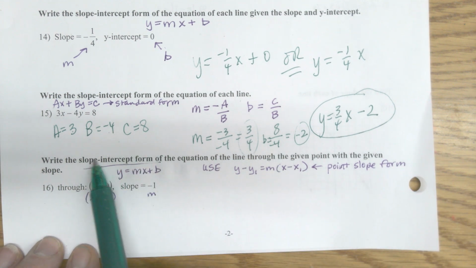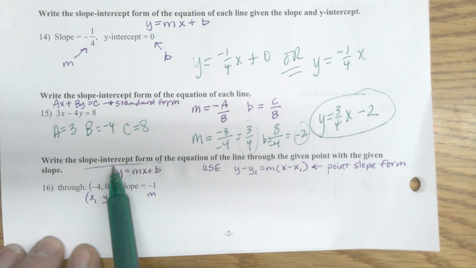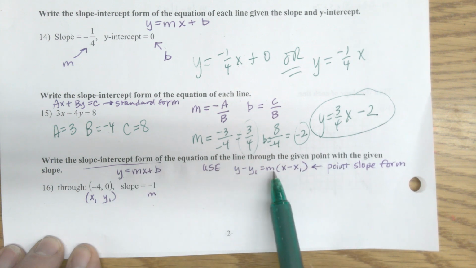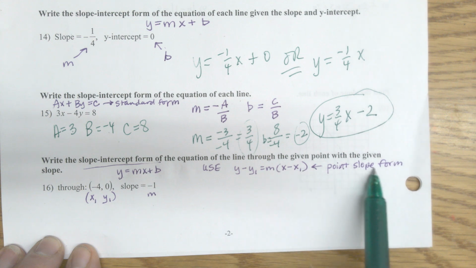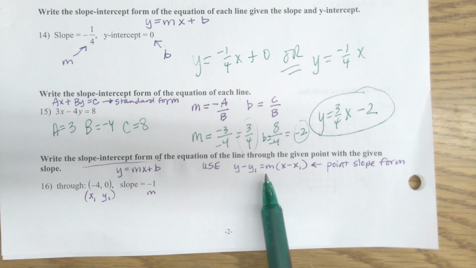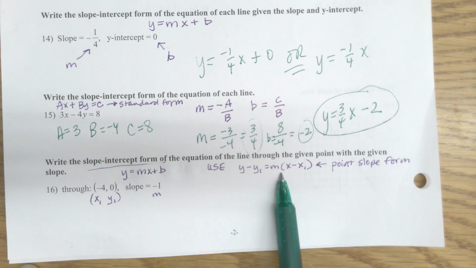It doesn't always have me write it in slope-intercept form, but if it does, I have to do y = mx + b. Another form that we have is y - y1 = slope times (x - x1). That's point-slope form. And sometimes it's helpful to use point-slope form, and even better than that, sometimes I'm asked to just write it in point-slope form.